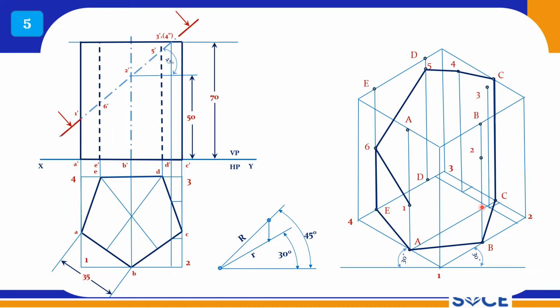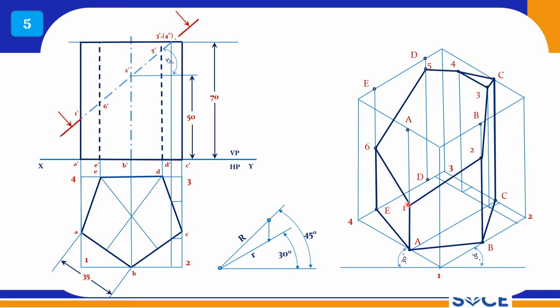So start them: 6 to 1, 1 to 2, 2 to 3, and 3 to C, and 3 to 4. And here 1 to A should be drawn as a thick line, 2 to B should be drawn as a thick line, and 3 is here. No need to draw any line for 3.